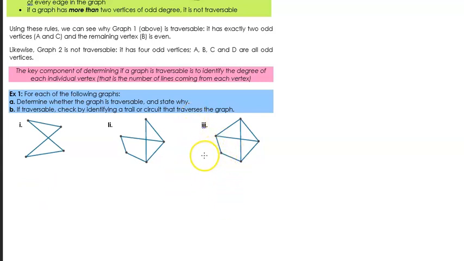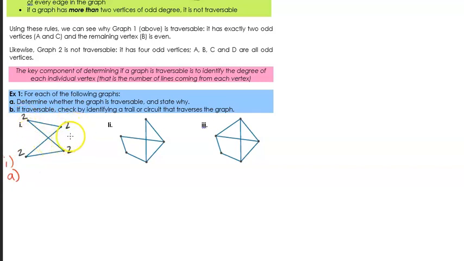Alright, so for each of the following graphs, we're going to: A, determine whether the graph is traversable and state why, and B, if it is traversable, check by identifying a trail or circuit that traverses the graph. So for part A of the first graph, let's determine whether the graph is traversable and state why. Here we have 2, 2, 2, 2. So the degree of each vertex is 2.